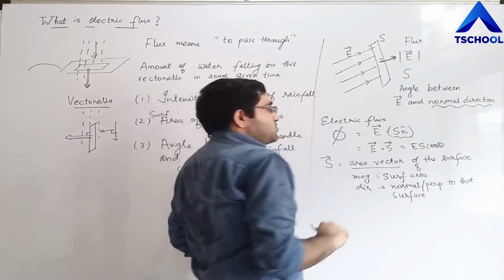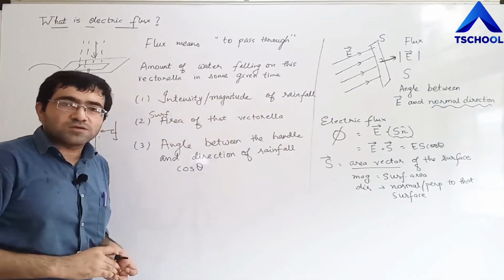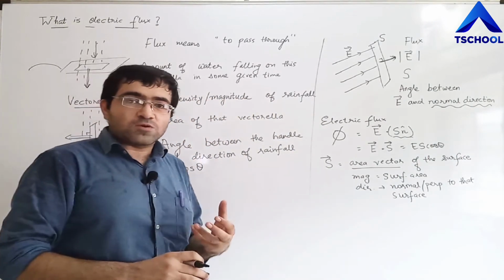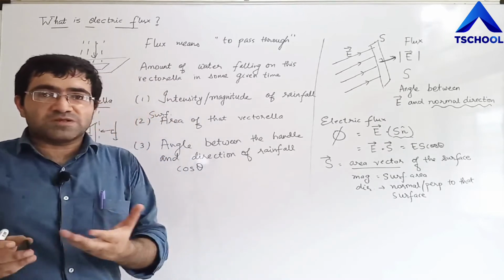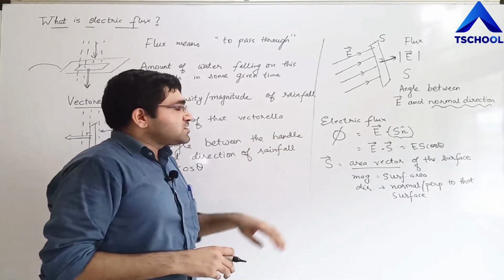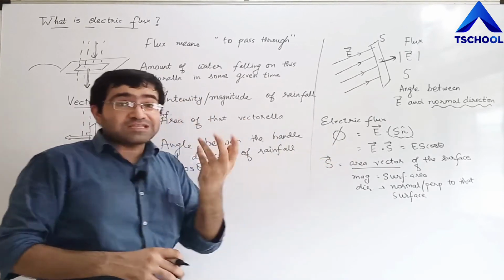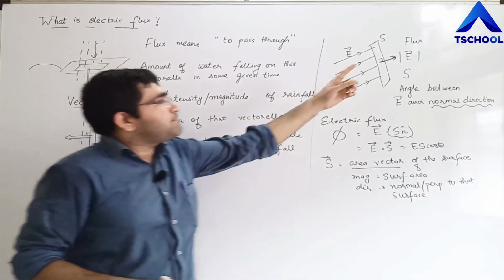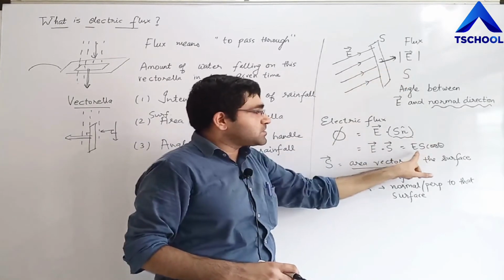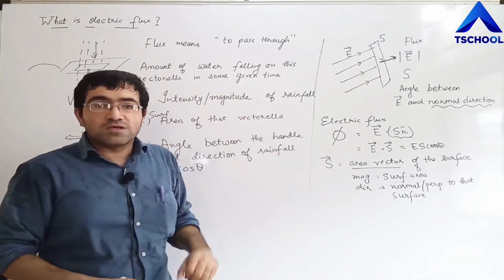I don't think you have any problems with that, because when we take a dot product, we get cos theta, right? So A vector dot B vector is AB cos theta. So that's why you can see the flux depends on three things. One, the magnitude of the electric field. Second, surface area.